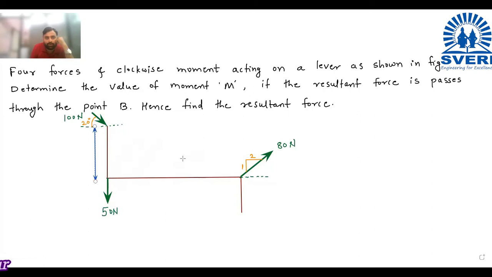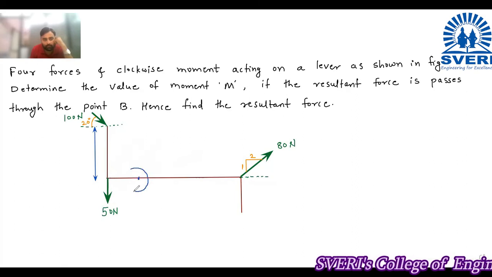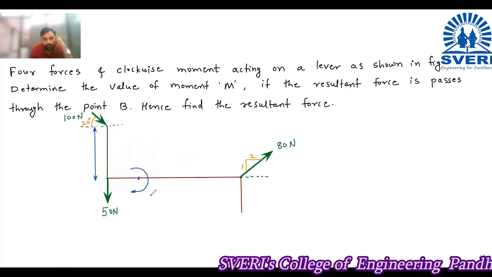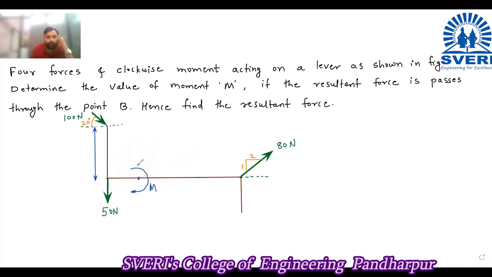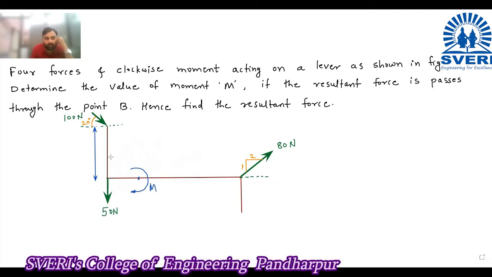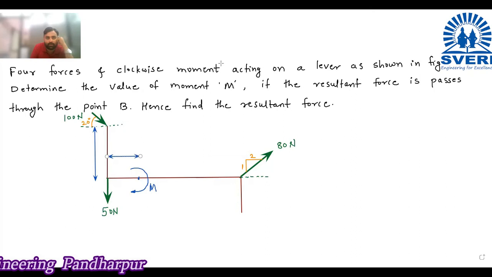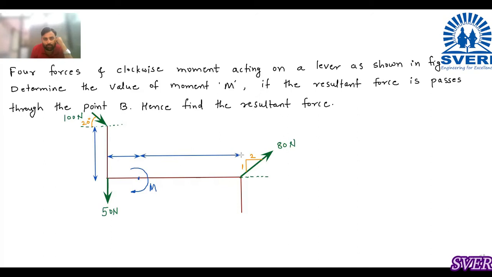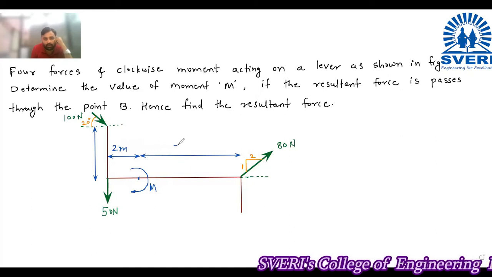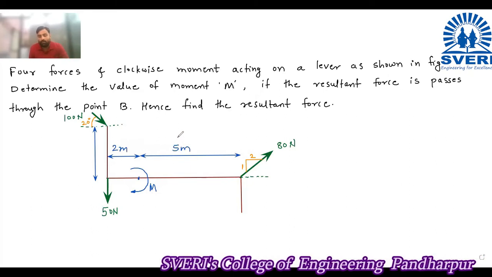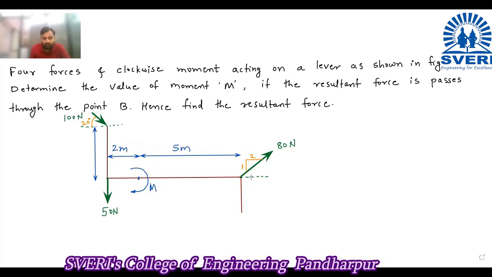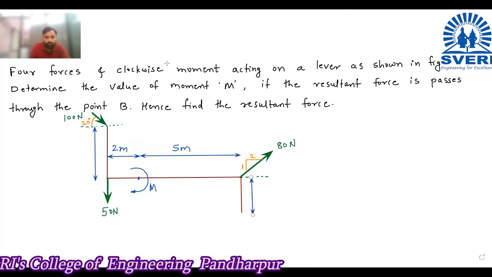Then at this point, a moment M is acting in this way, and the distances are from here to here, 2 meter, and further up to this point, 5 meter. This vertical distance is also given. It is 4 meter.